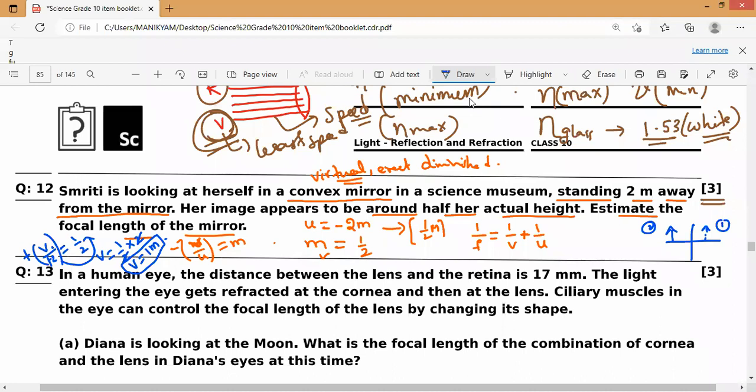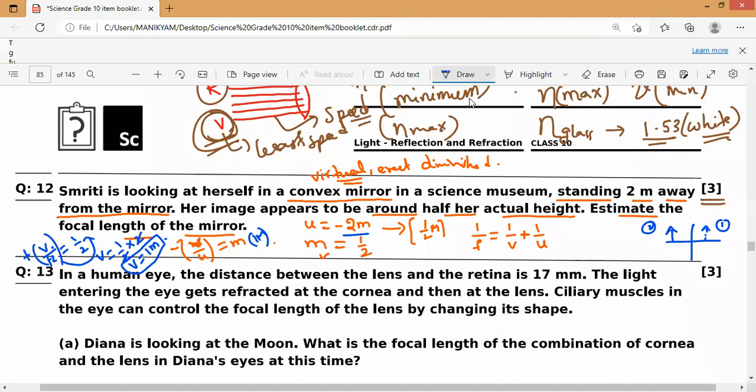Totally this is a 3 mark question. Finding the object distance is half a mark and finding the image distance is 1 mark. Totally how many marks are completed? 1 mark. Now you find the focal length.